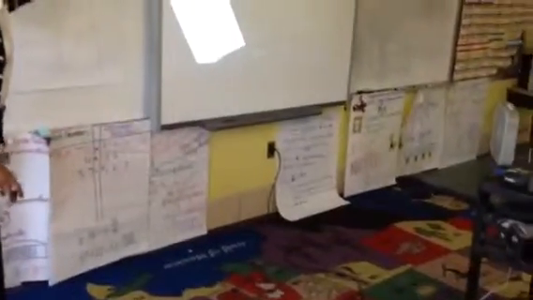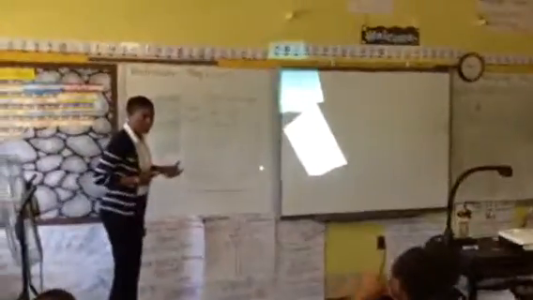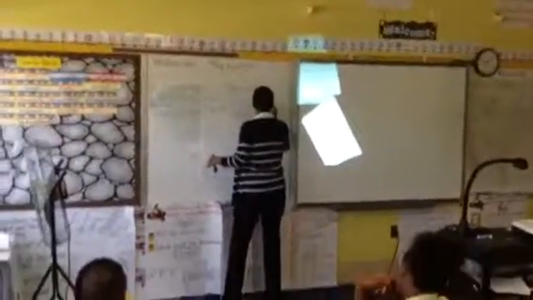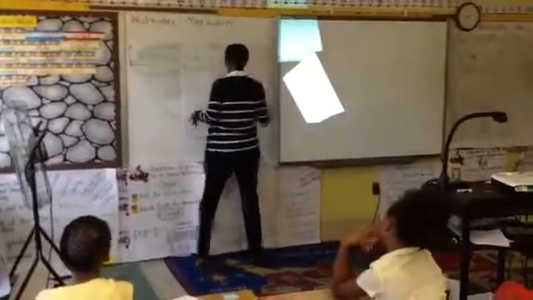Let's read it again. Angle ABC. Or CBA. I love it. Okay, how many degrees are in a right angle? 90. Simone. All right, 90 degrees. Love it. Now you're rocking and rolling.